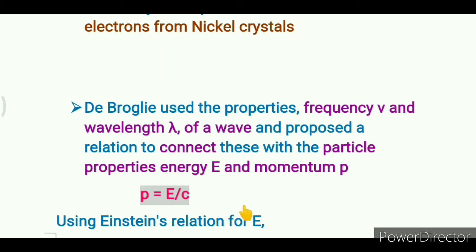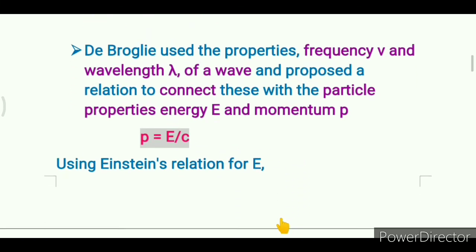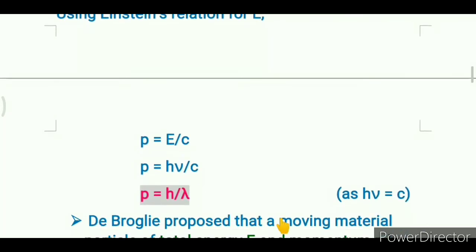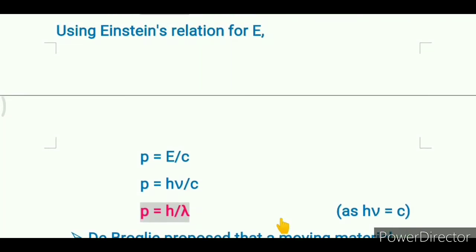Now, by using Einstein's relation for the energy, the momentum P is written as E upon c.